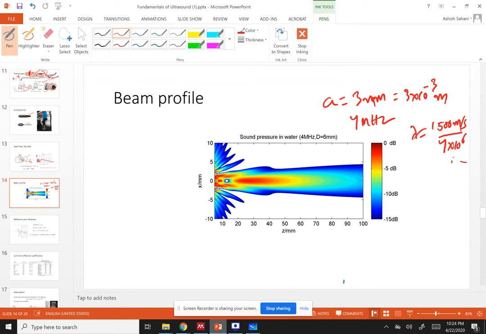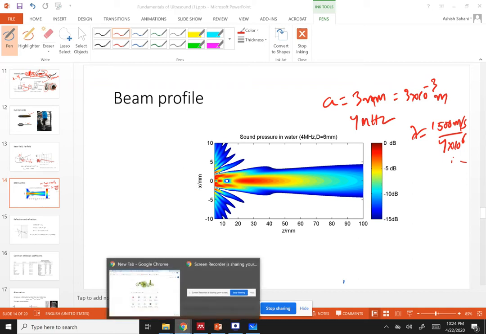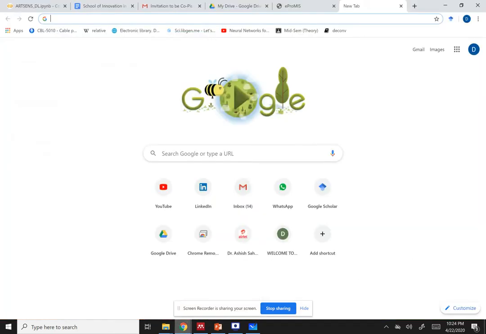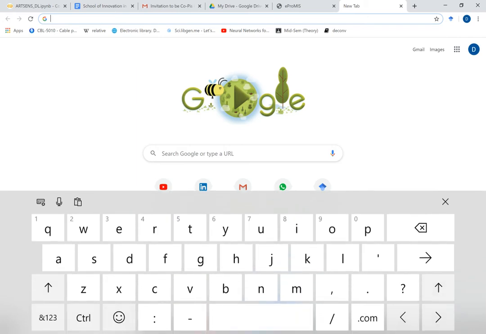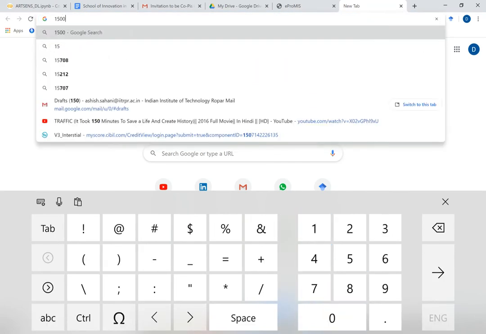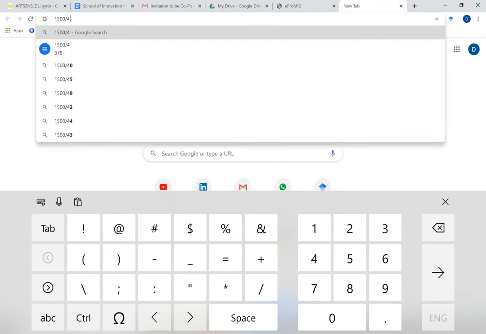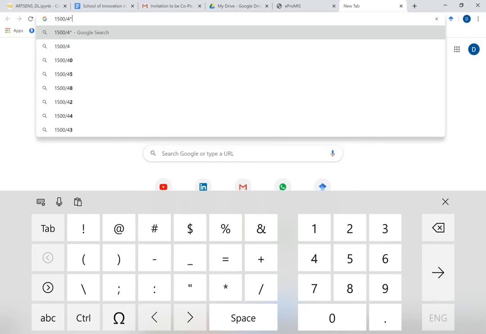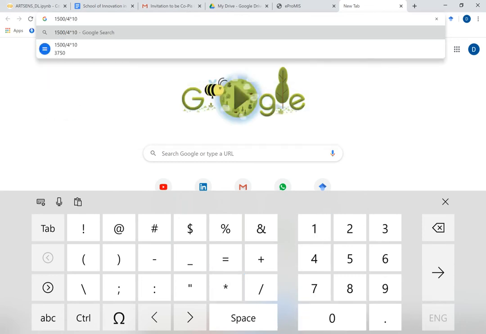So if we do this calculation quickly, 1500 divided by 4 megahertz, 4 into 10 to the power 6.